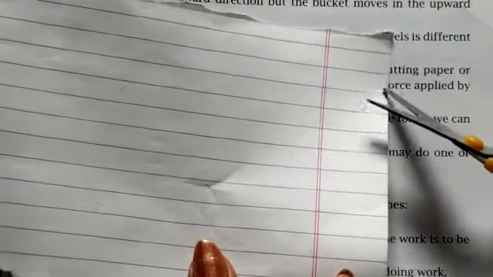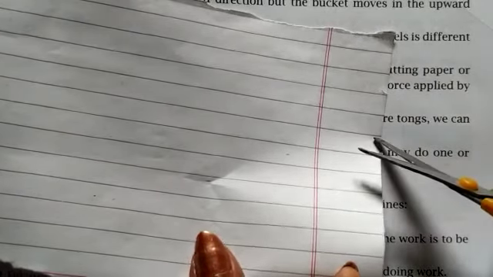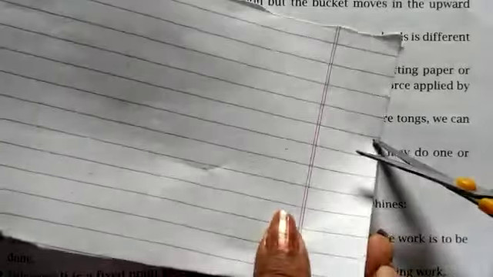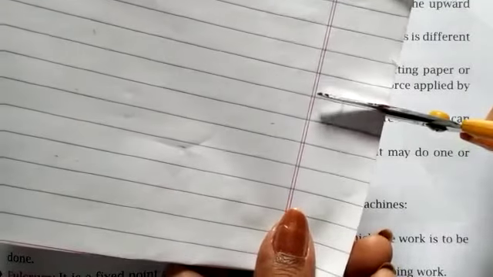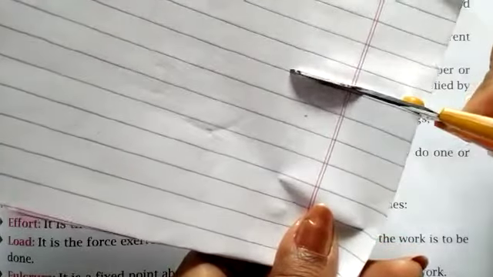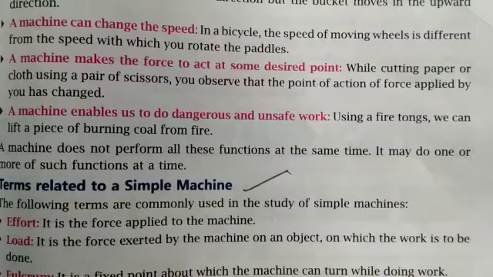If I count the lines 1, 2, 3, 4, 5, I want to cut from the 5th line. So easily I can cut here. Have you seen? From our desired point we can cut.